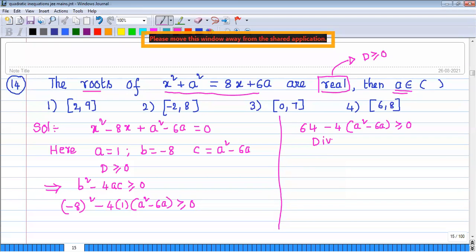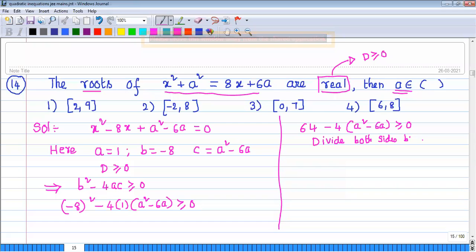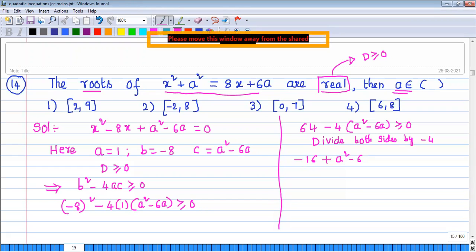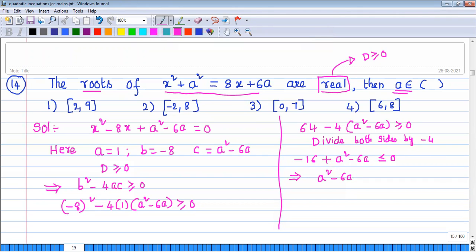Divide both sides by minus 4, or multiply both sides by minus 1 by 4. No problem, both are the same. So we get minus 16 plus a square minus 6a less than or equal to 0. This is very important: a square minus 6a minus 16 less than or equal to 0.